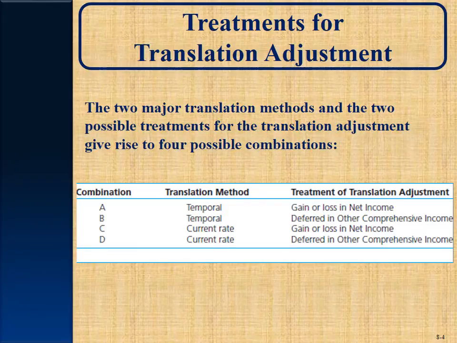Now, the two major translation methods and the two possible treatments for any translation adjustments give rise to four possible combinations.